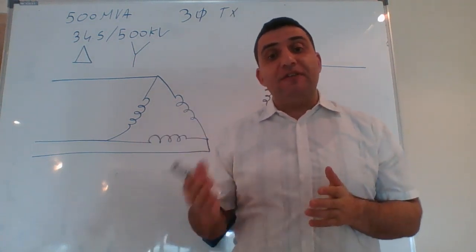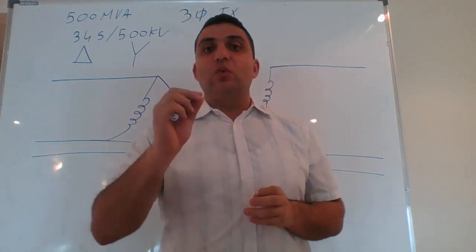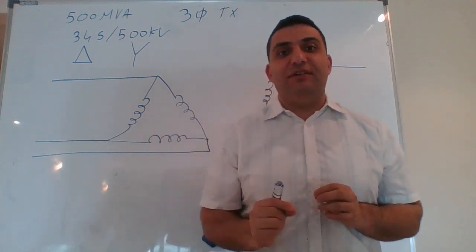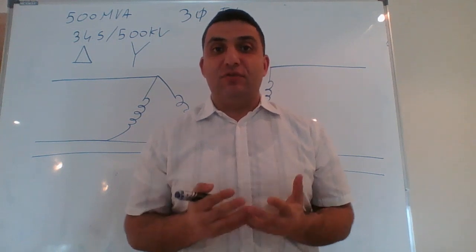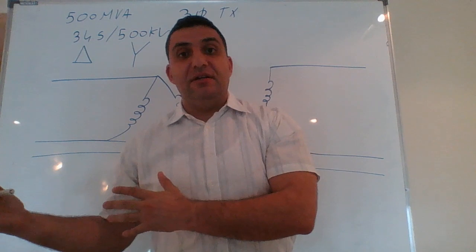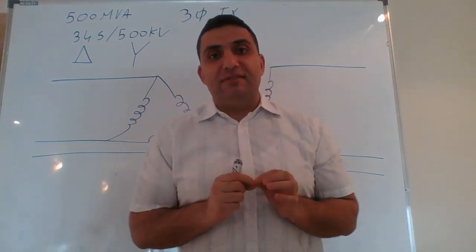Before we go into the three-phase differential protection, I want to highlight one element regarding the inrush current. If we energize a transformer, a single phase transformer for example, without the secondary side connected to any load, I will have an inrush current.